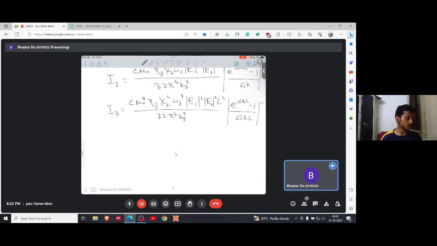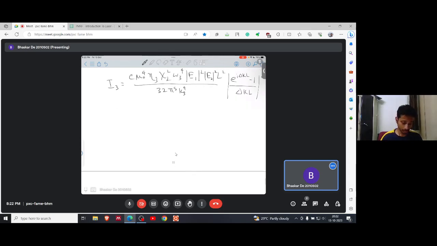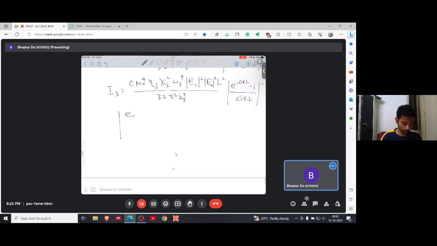The expression within the absolute value bars can be written as sine square of delta kL by 2 over delta kL by 2, whole square.